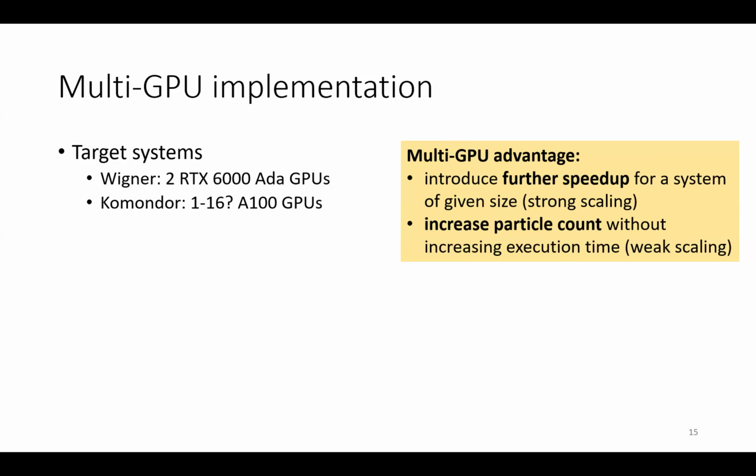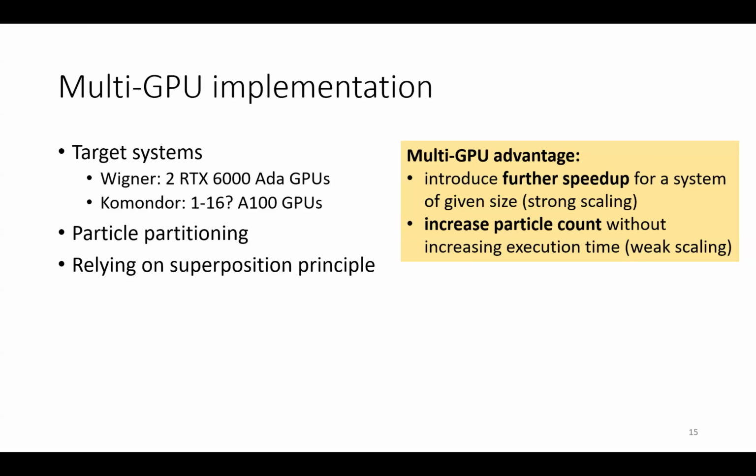But from the physics point of view, obviously the main benefit is that we can either reduce the execution time, so the, let's say, research productivity can increase, or increase the resolution of the system so we can study larger problems. So luckily, physics helps. We have the superposition principle.